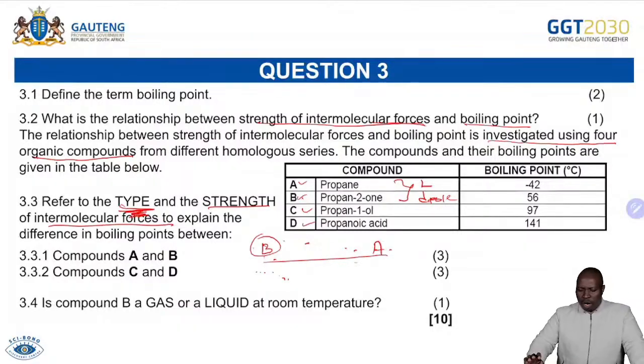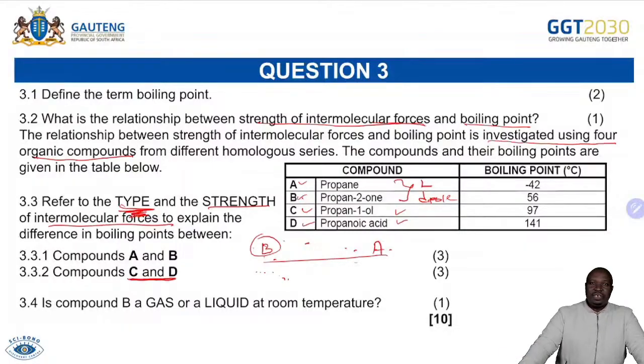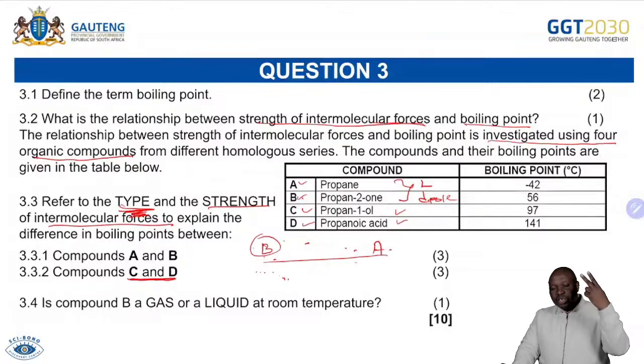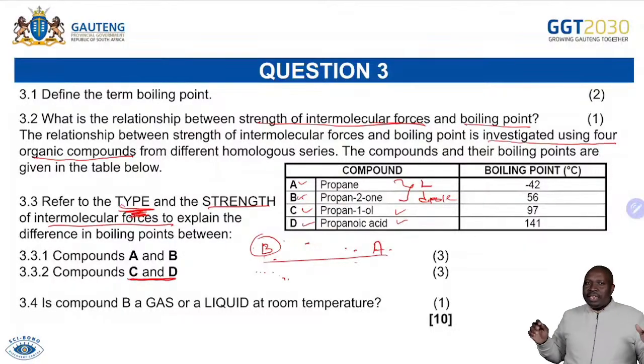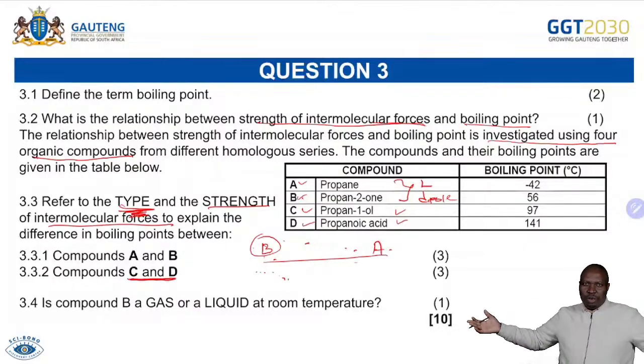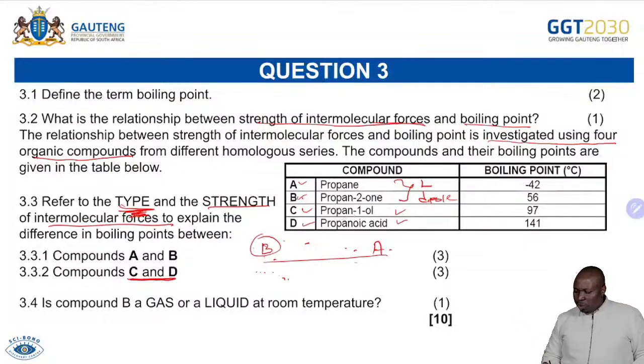When it comes to 3.3.2, compound C and D, we are talking about an alcohol and a carboxylic acid. Those are relatives, remember, because an alcohol has one side of hydrogen bond and a carboxylic acid has 2 sides. So by merely mentioning that, you can see that the other one is able to form 2 hydrogen bonds. Now you will write that between compound C and D, we are comparing the boiling point.